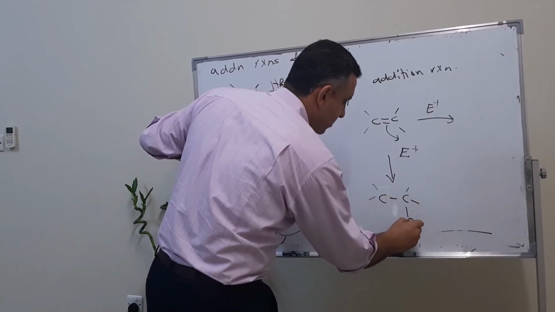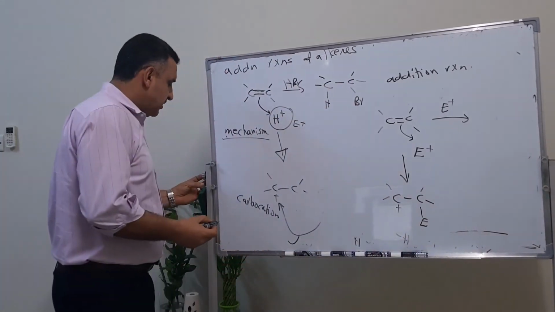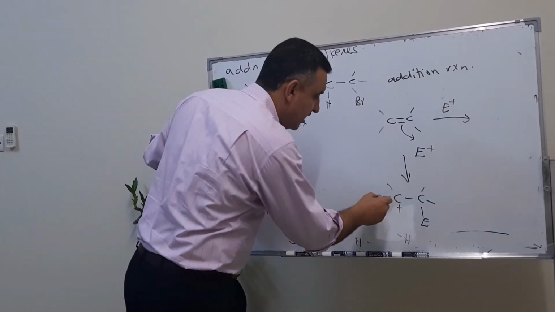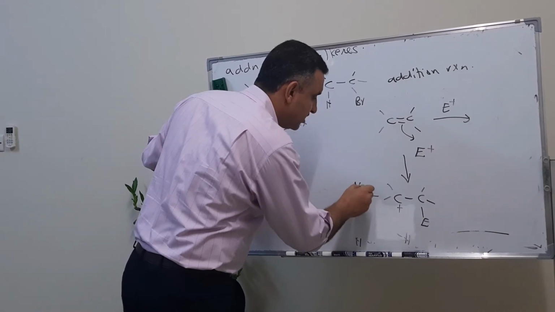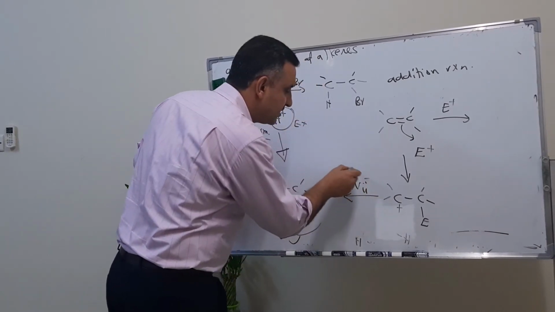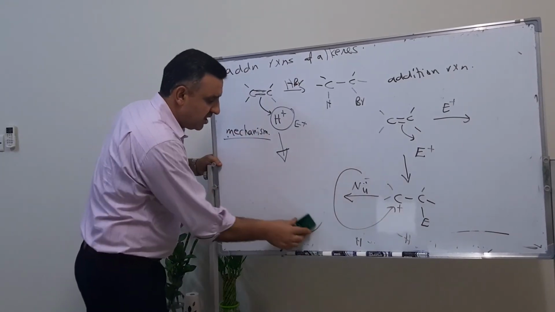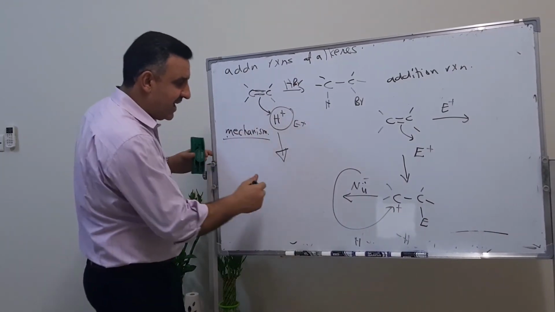So this is the electrophile. Now any electrophile in the system will never be alone. There is always its nucleophilic part. So there is a nucleophile, the negative part. The negative part will then add itself here, and then we are going to get the adding molecule.